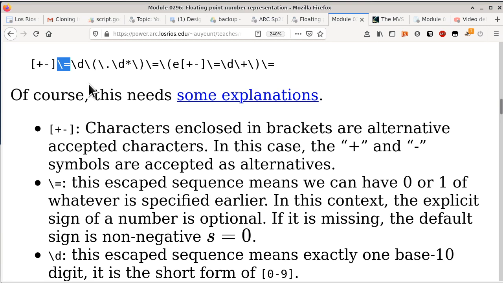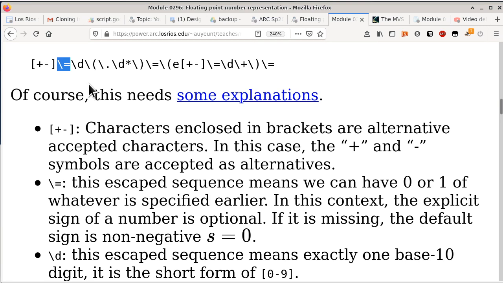Well, what is right before the backslash equal to? Square bracket plus minus, which means plus or minus. So that means plus or minus can occur 0 or 1 time at the very beginning of a base 10 scientific notation that I have chosen to use in this example.